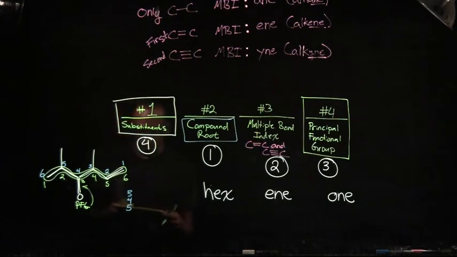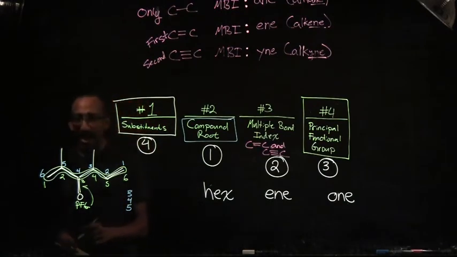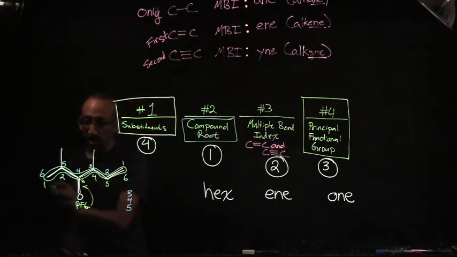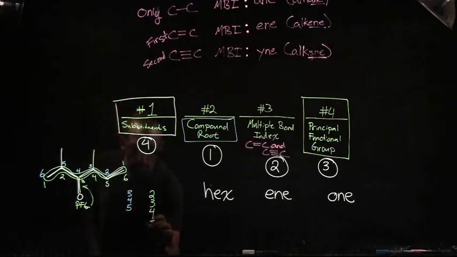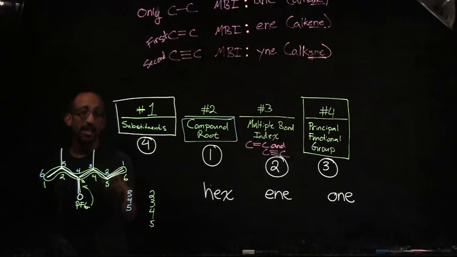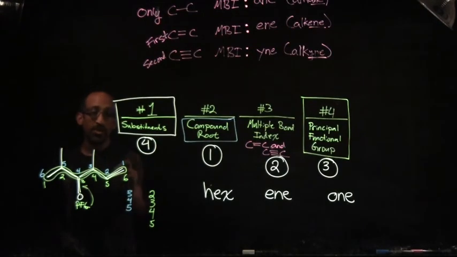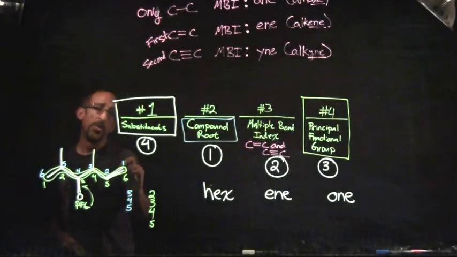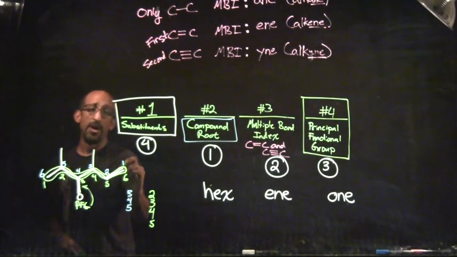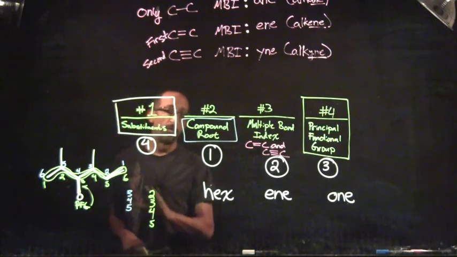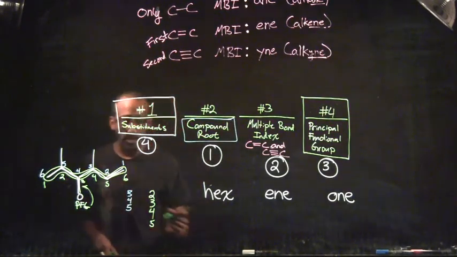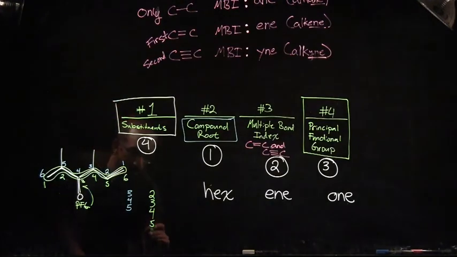In this situation, we would have substituent numbering in our name at position 2, position 3, position 4, and also position 5 to indicate the double bond. Numbering with the blue system, we don't have to include the number for the double bond since it's at position 1.